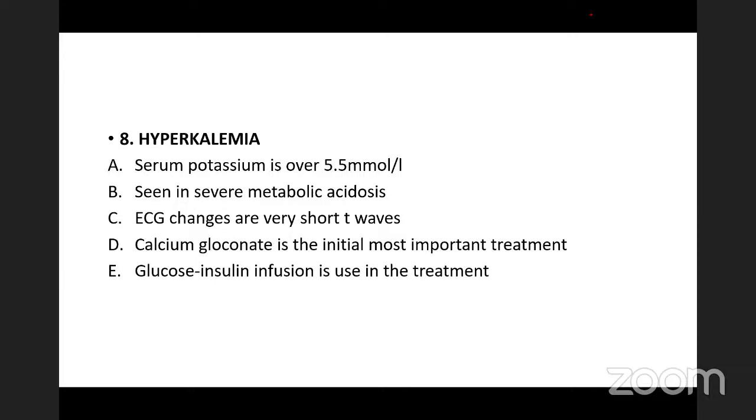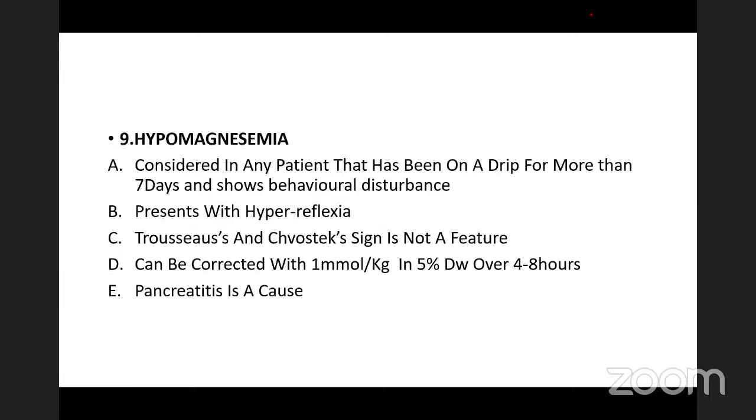And to protect the heart, you give calcium gluconate. Then glucose insulin infusion is used in treatment. And the essence of that is to push the potassium into the cells. The insulin will push the potassium into the cells.